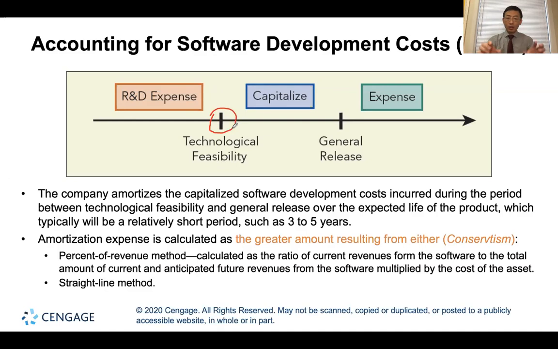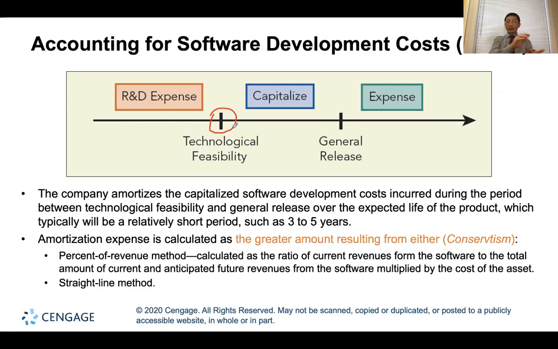You know, the difference between capitalization and expensing directly is that if we capitalize a cost, we can allocate the spending into the following many years. For example, the spending is $1 million.